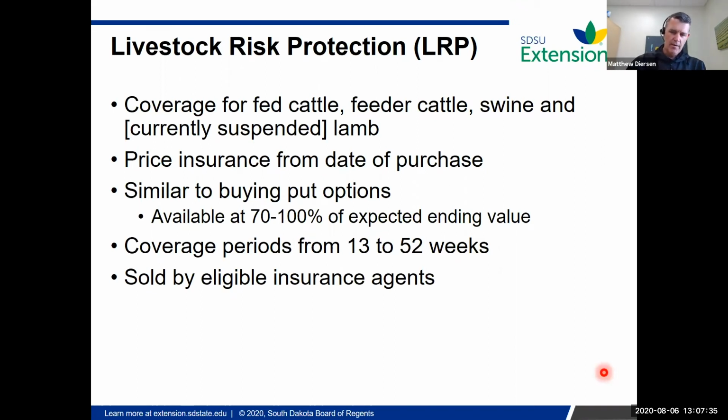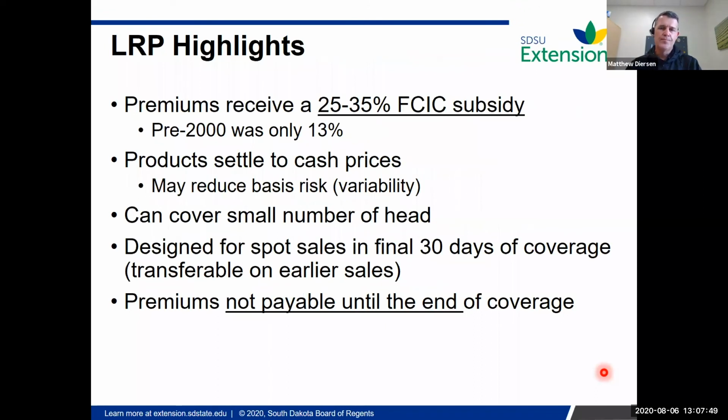That's a quick background. Now, what's changed about LRP? Well, starting on July 1 of 2021, for the July 1 new fiscal year coverage on forward, the RMA and the USDA has increased the premium subsidy on livestock risk protection. They did increase it a little bit last year, but prior to a year ago, it was only 13%.